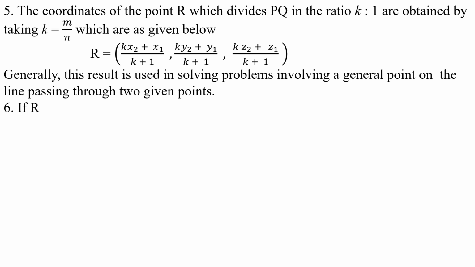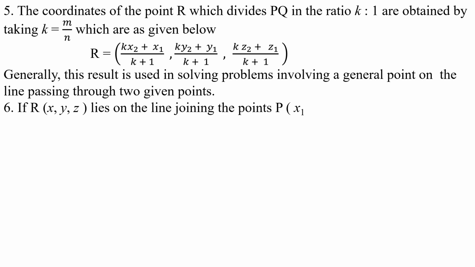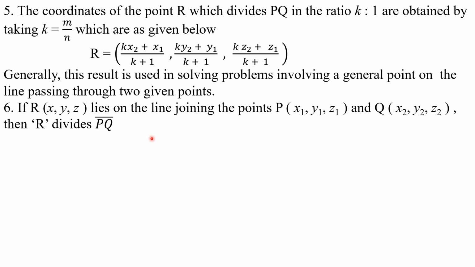Now come to point number 6. If R (x, y, z) lies on the line joining the points P (x1, y1, z1) and Q (x2, y2, z2), okay, my children, means these 3 points are collinear points.